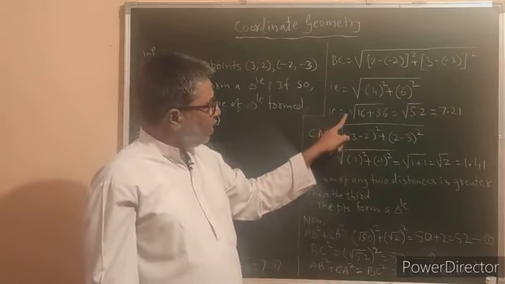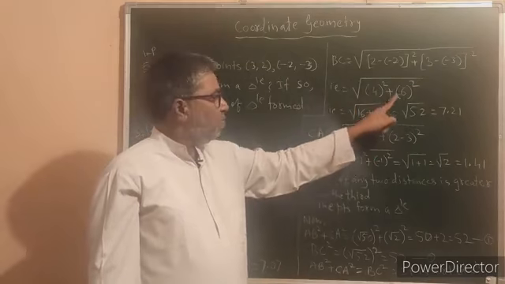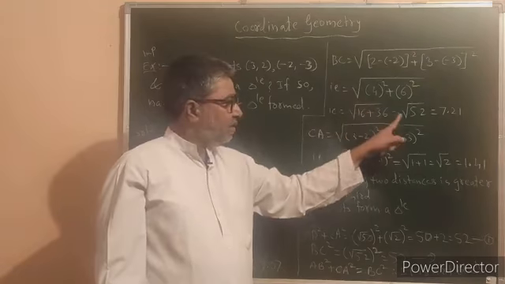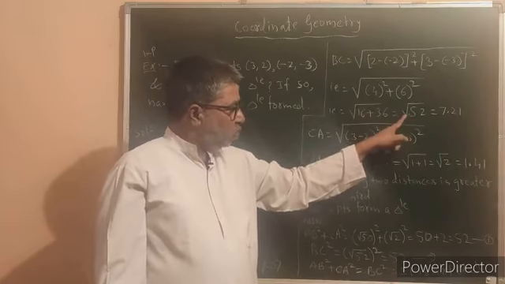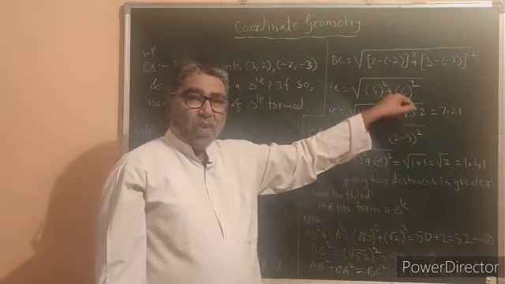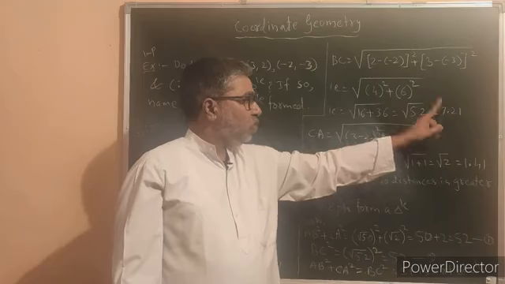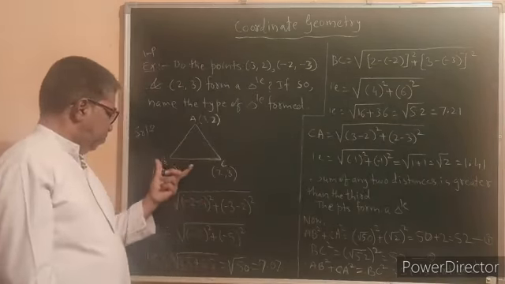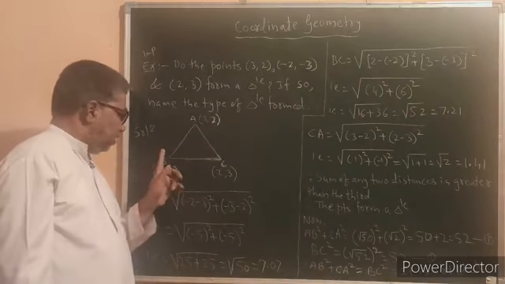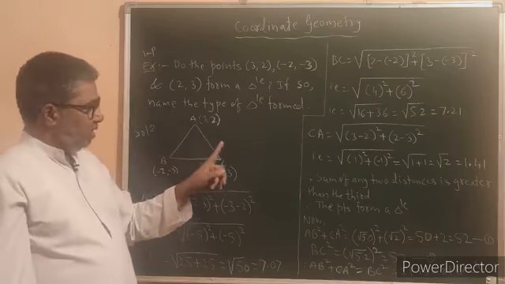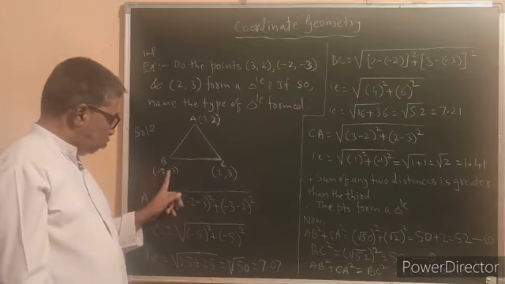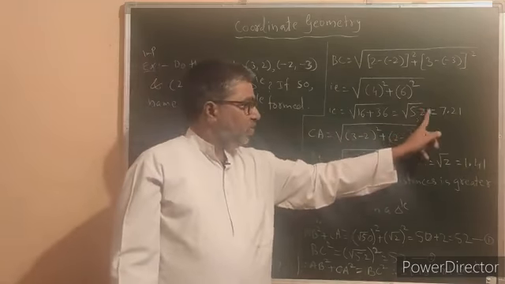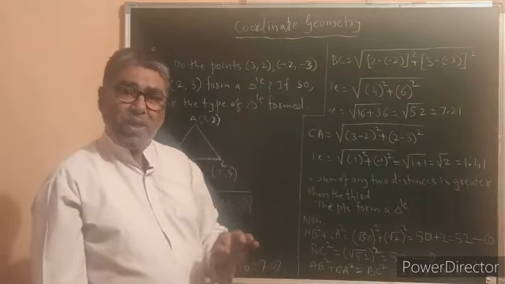So that is equal to 4 square is 16 plus 6 square is 36. So the sum total of 16 and 36 will be 52. Square root of 52's approximate value is 7.21 units. So in this way, the length of BC, or in other words, the distance between the 2 points B and C, whose coordinates are minus 2, minus 3 and 2, 3, is root 52 or 7.21 units.